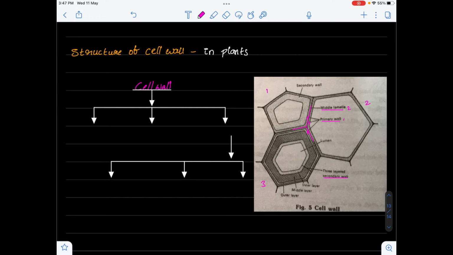This is the secondary wall. In this secondary wall, this is the innermost layer, this is the middle layer, and this is the outermost layer.